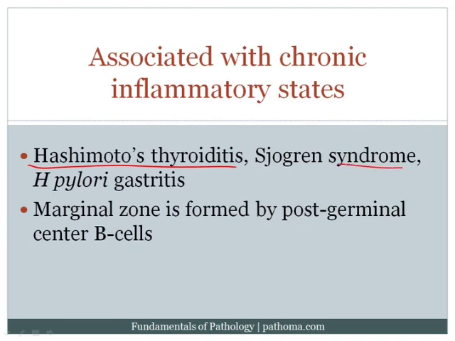In Sjogren's syndrome, as I've already described in the immunology lectures, we can develop a complication of marginal zone lymphoma, and the idea here would be that the patient presents with unilateral enlargement of the parotid years into her Sjogren's syndrome. And then another classic one is H. pylori gastritis.